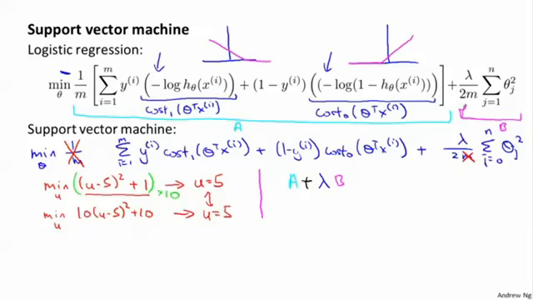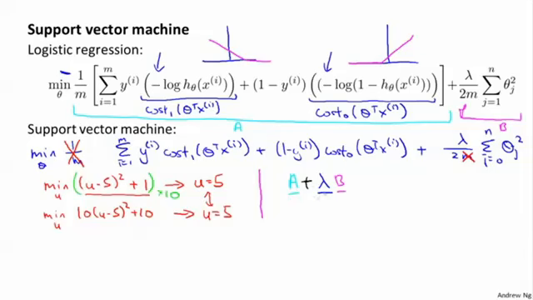By setting different values for the regularization parameter lambda, we could trade off the relative weight between how much we want to fit the training set well, that is minimizing A, versus how much we care about keeping the parameters small, that is B. For the support vector machine, just by convention, we're going to use a different parameter.